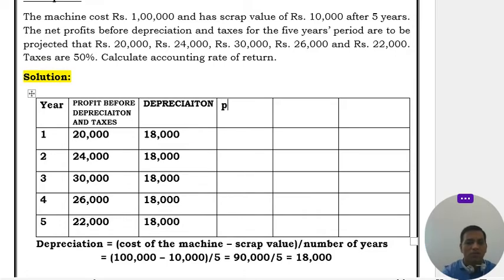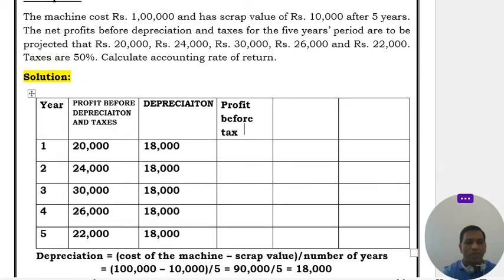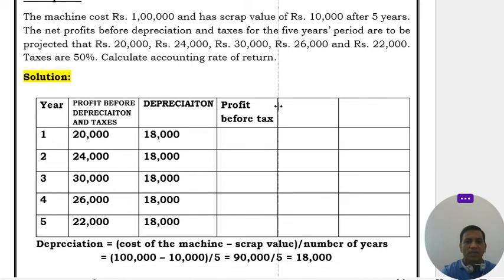Now what will we get? Profit before tax. How will we get profit before tax? It is profit before depreciation and tax minus depreciation. 20,000 minus 18,000, 2,000. 24,000 minus 18,000, 6,000.